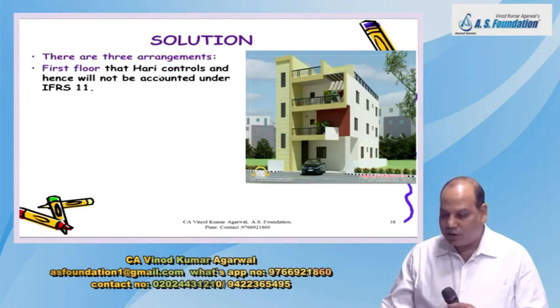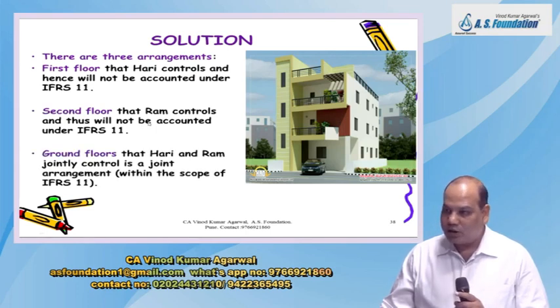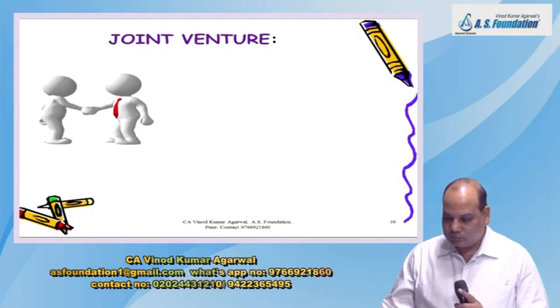The first floor that Hari controls will not be accounted under IFRS 11. There is no joint control. The second floor Ram controls will not be accounted under IFRS 11. And the ground floor that Hari and Ram jointly control is a joint arrangement within the scope of IFRS 11. Now we will take a break.